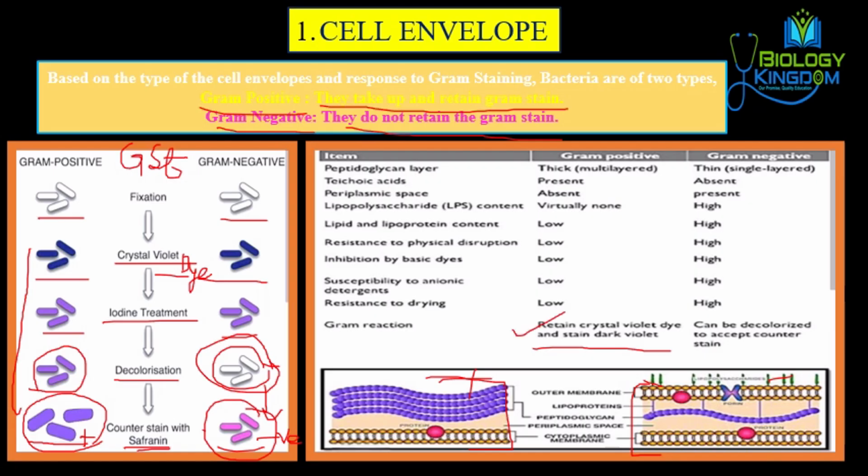Gram negative bacteria are always decolorized to accept the counterstain, so they have the pink color of safranin. That is how we identify whether a bacterium is Gram positive or Gram negative.